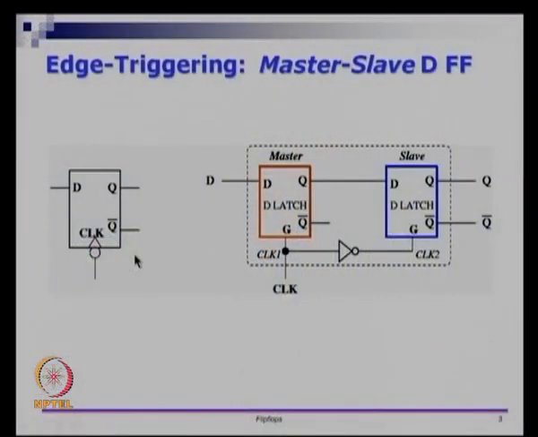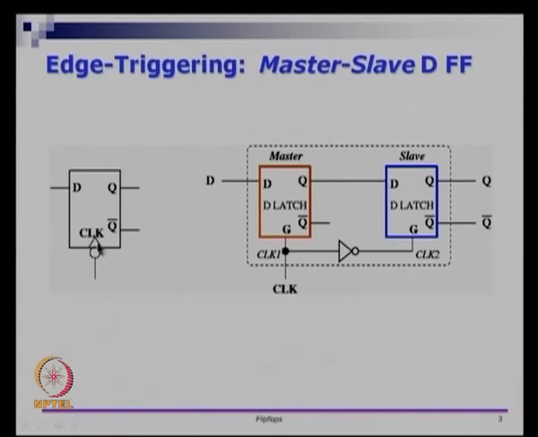The symbol for a D flip flop is as follows. We will see how these circuits come about one step after the other. The symbol for a flip flop is usually drawn as a rectangle like this, with a D input, and there is Q and Q bar, and a single line coming in that we called CLK.